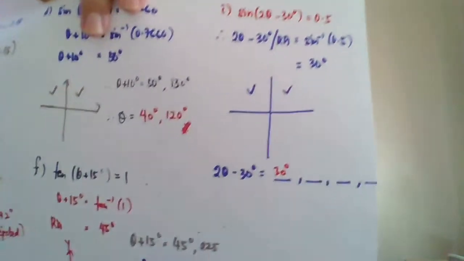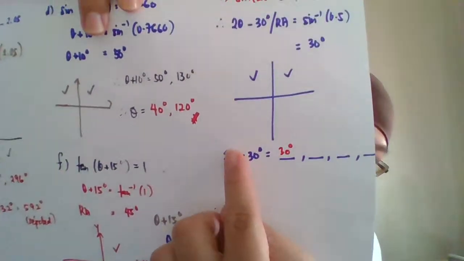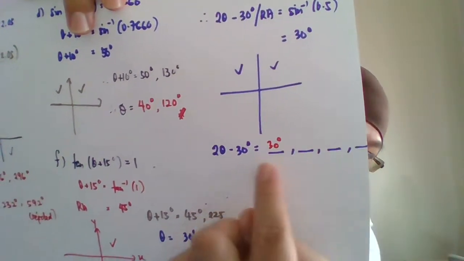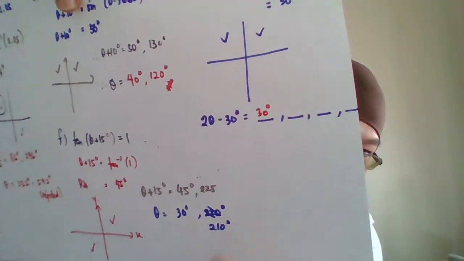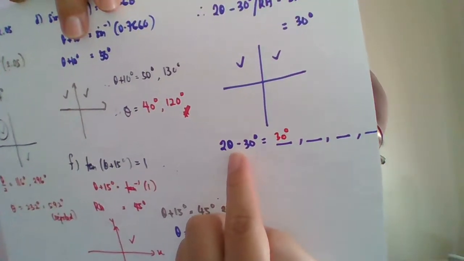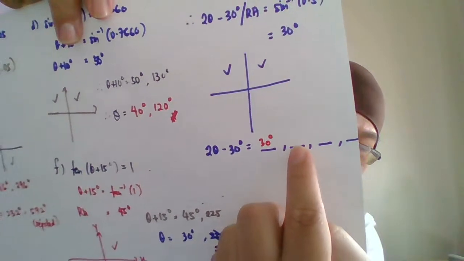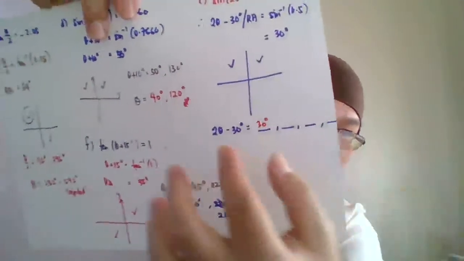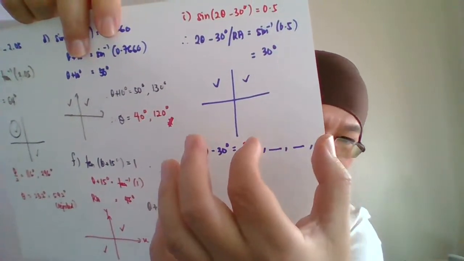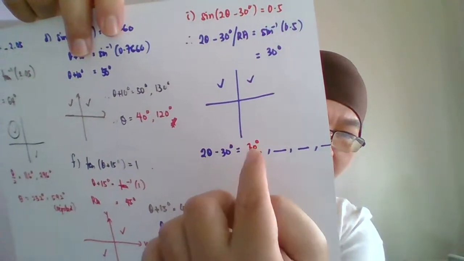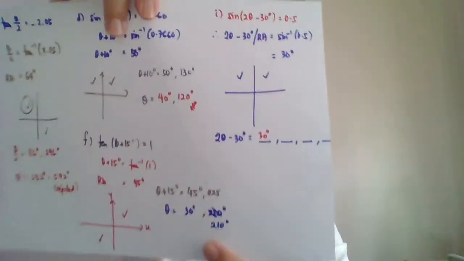I remind again, please calculate the answer for second, third, and fourth here. Before we simplify the theta and 30 degree here, I want the possible answers first. Okay, tolong kira. Alright, settle for question I.